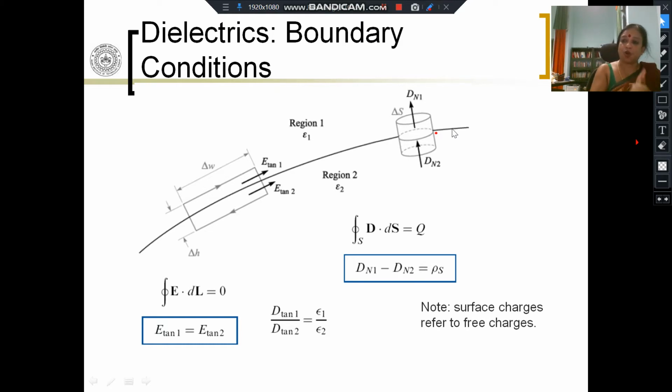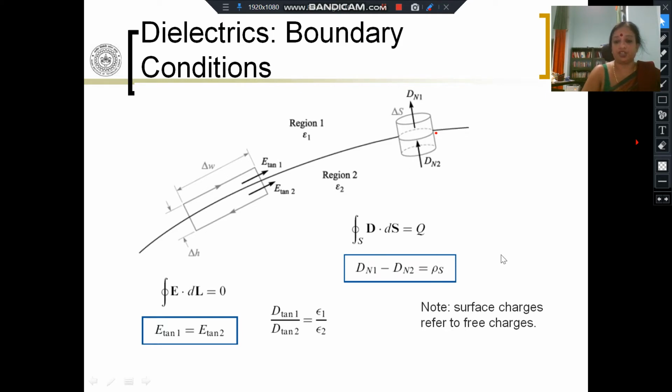That means the normal component of the electric field is not continuous across a boundary between two dielectrics. And what is the difference? The difference is in their flux density components. DN1 minus DN2 is equal to the free surface charge density on the interface. If there is no free surface charge on the interface, then DN1 also will be equal to DN2.